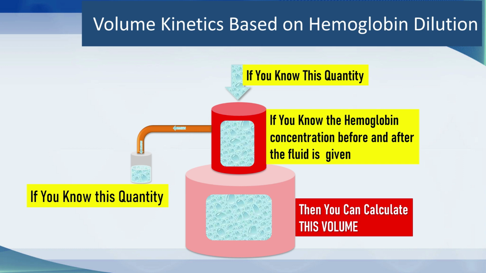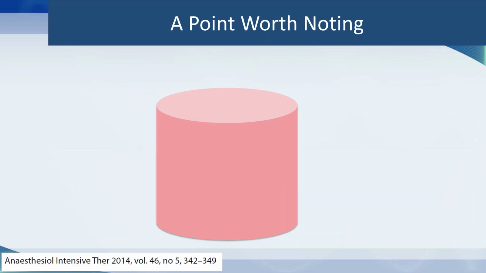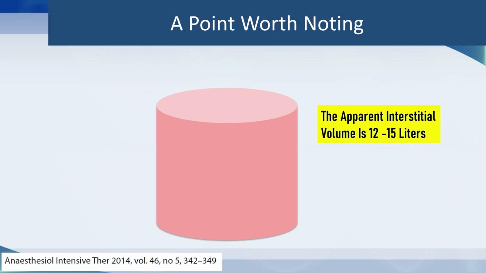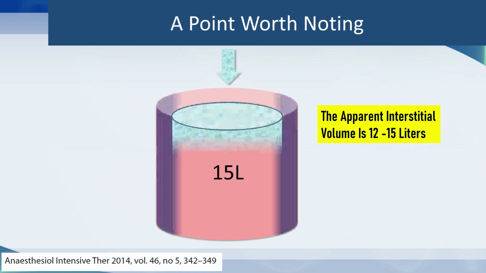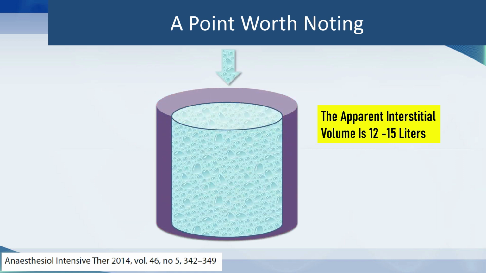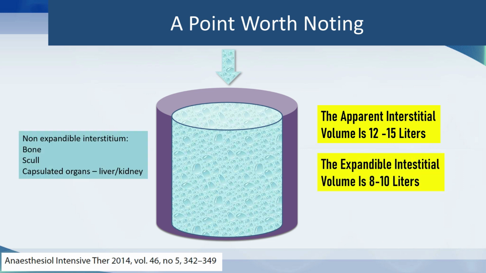One point worth noting, though, is that the apparent interstitial volume is 12 to 15 litres, but in fact, the real interstitial volume is significantly lower, maybe 25% lower, because some of the interstitial space is non-expandable. That would be things like bone and the skull and encapsulated organs like the liver and the kidney. So the expandable interstitial volume is only 8 to 10 litres.